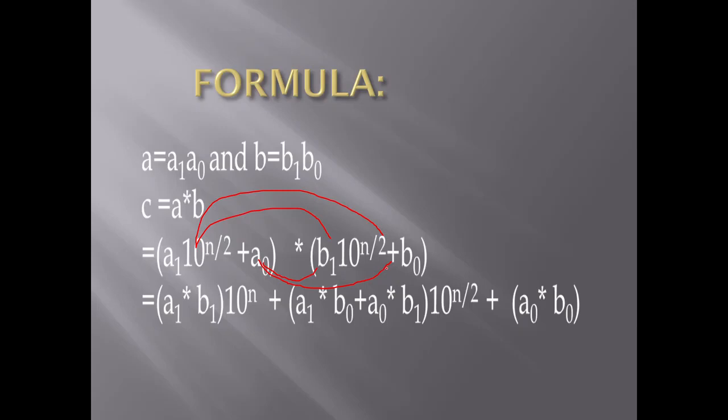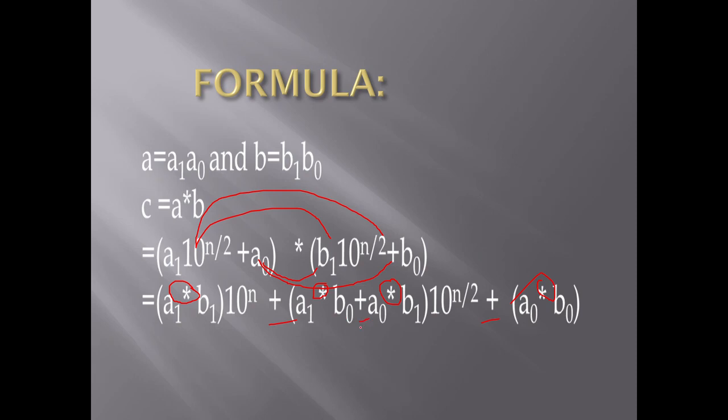Now, this formula is made into a simpler manner because here we have 4 times multiplication and 3 times addition, which increases time complexity.